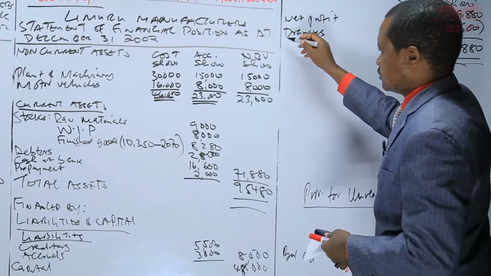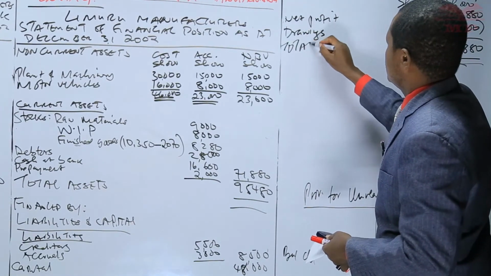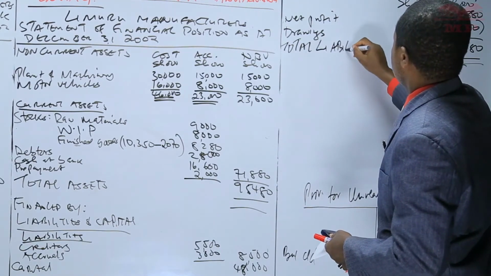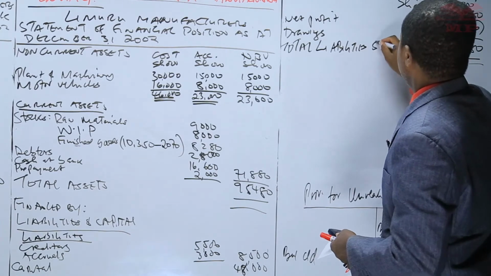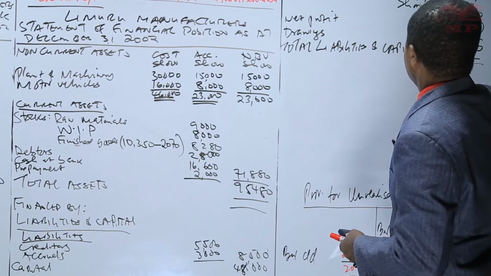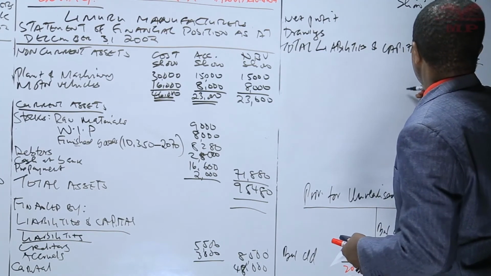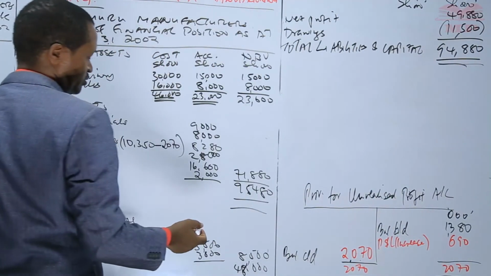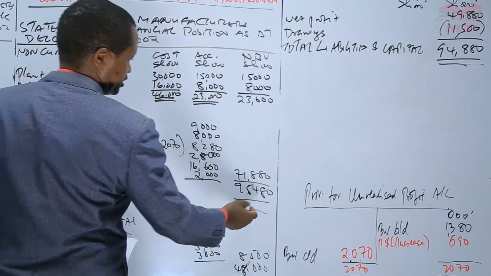So this is the total liabilities and capital, 94,880, which should be equal to 94,880 here.